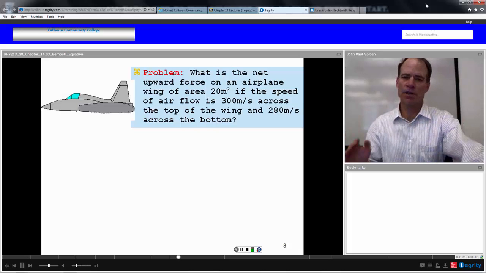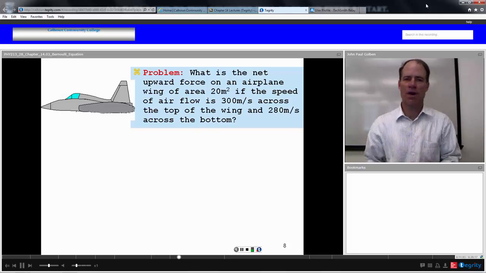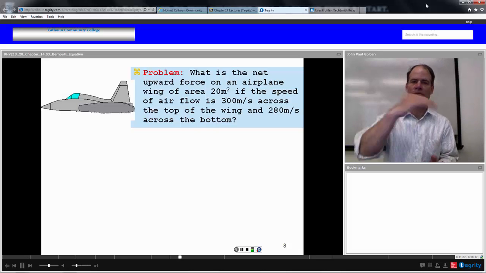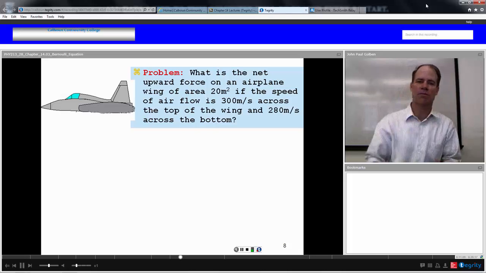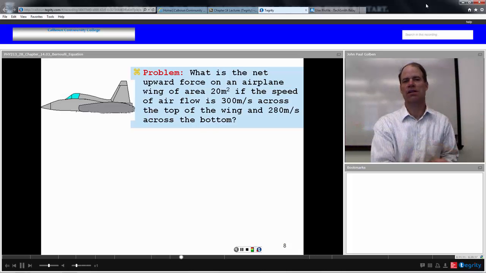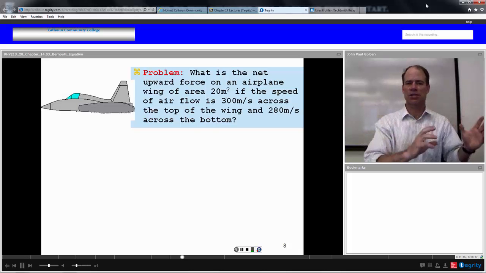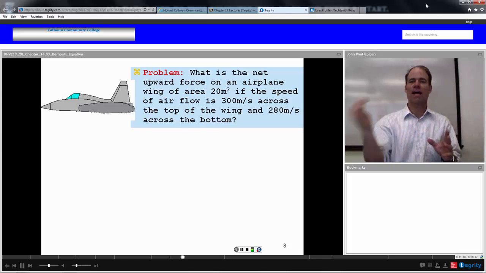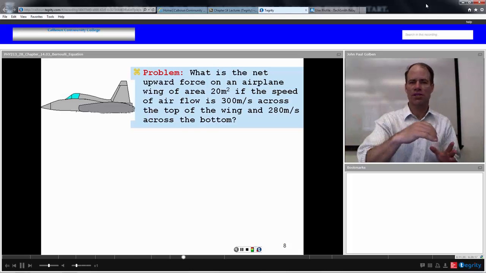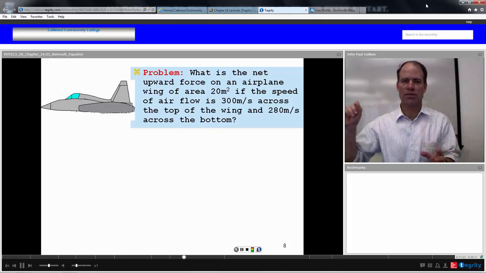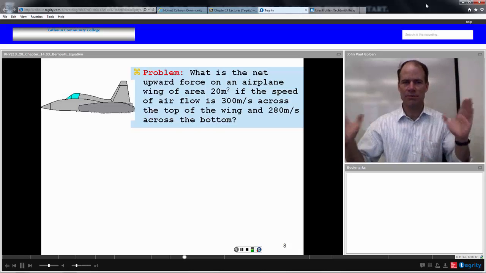So the flow that goes over the top of the wing will have to go more distance per time than the flow that goes on the bottom. In other words, the velocity on the top of the wing will have to be faster than the velocity on the bottom. But if absolute pressure plus kinetic energy plus potential energy is a constant, the faster you go, if you have more kinetic energy, then your absolute pressure will have to be less to compensate to keep everything constant.